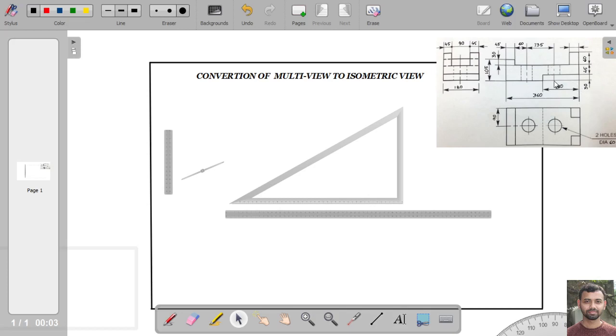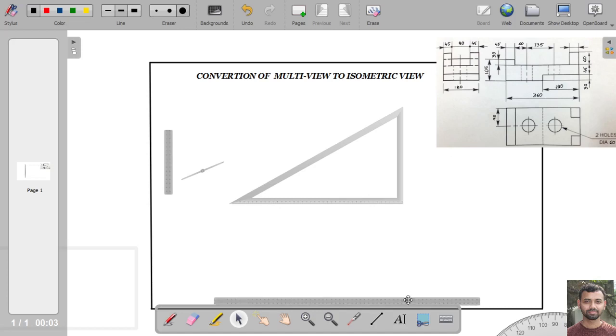Now at first we have to draw the isometric axis. So to draw the isometric axis, they are always at an angle of 30° with the horizontal line.